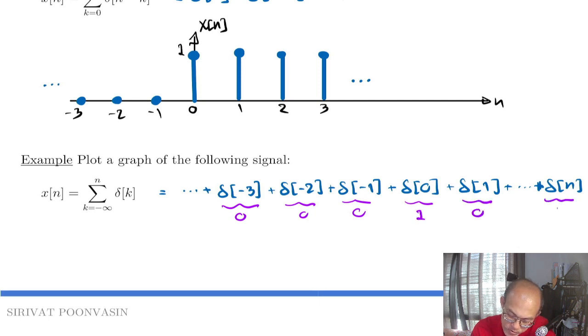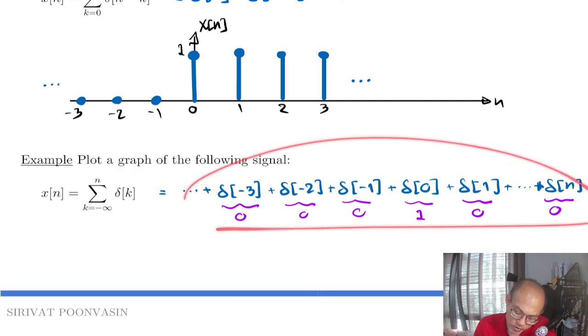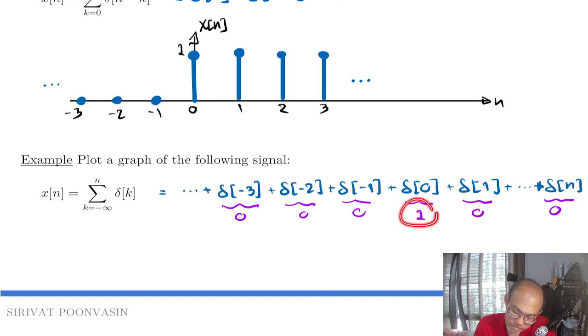This one is 0. So overall here, if you add them up, the result will be 1 if n is greater than or equal to 0, and it is 0 otherwise.